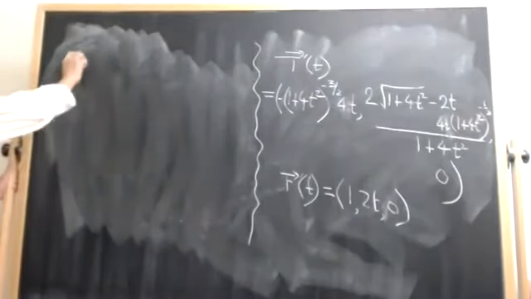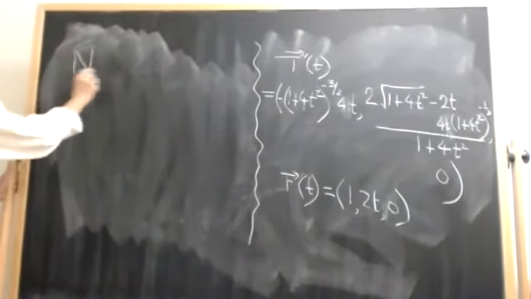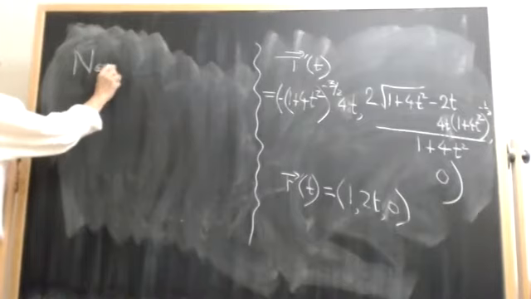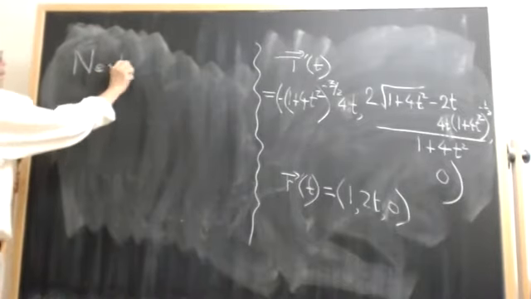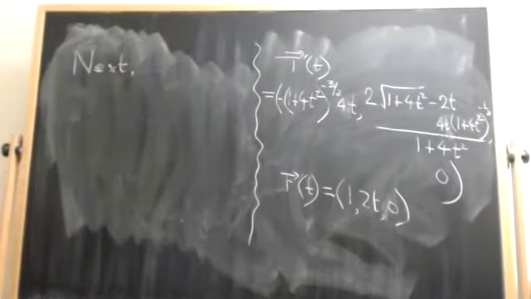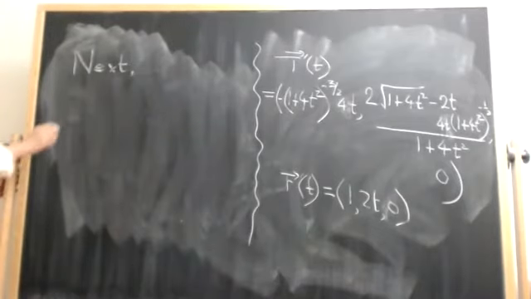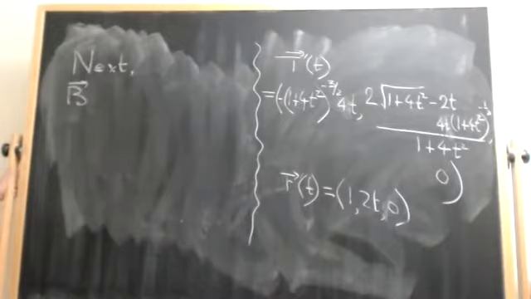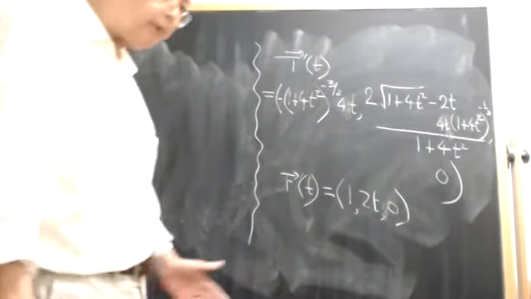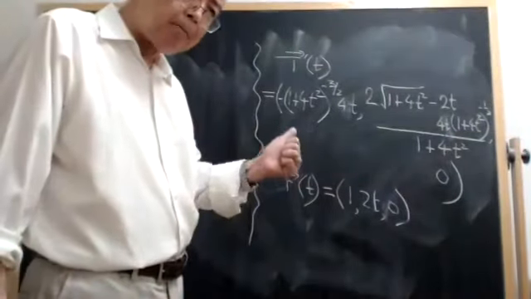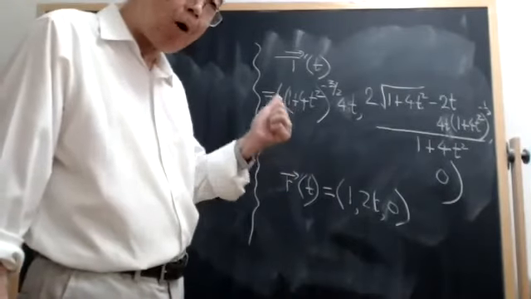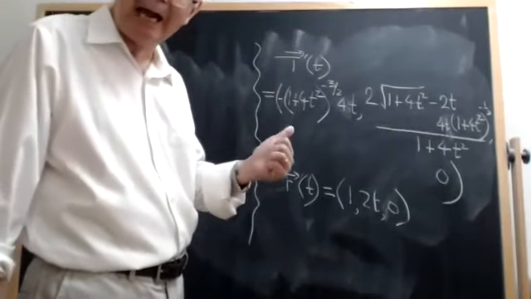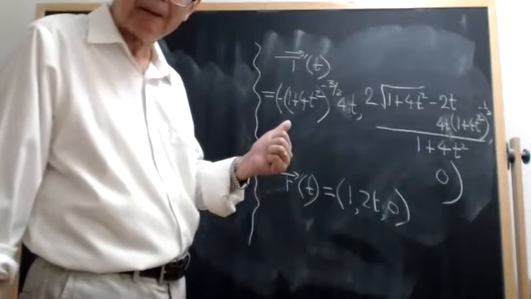Next, I am going to find the binormal vector B. What is the binormal vector? It's the vector perpendicular to both T and N. All right?